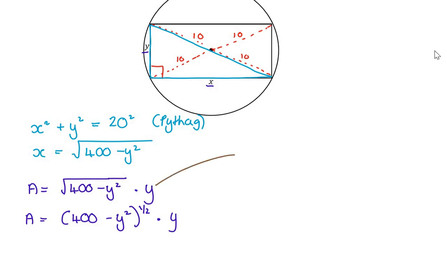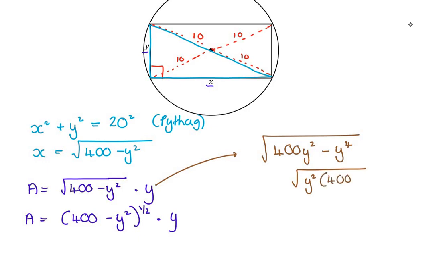You could put this in by saying it's the root of 400 y squared, because you could square root that y squared and get y. If you think about it, you'd factorize out y squared, and you'd make it 400 minus y squared, and then you'd kick this out. And to be honest, that's probably a lot easier than doing the product rule, so why not?